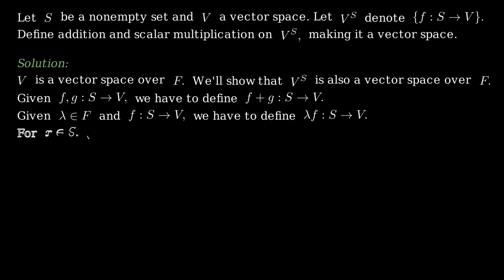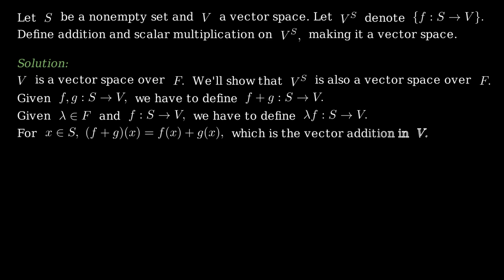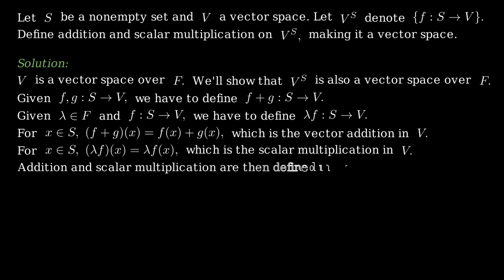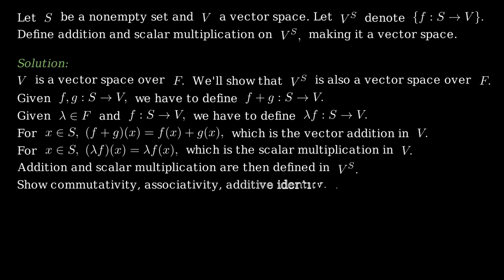The natural definitions are as follows, where the operation on the right-hand side of the definition occurs in V. These are valid definitions of addition and scalar multiplication in the set V power S. What remains to be done is to show that these operations on the set V power S in fact satisfy the requirements for a vector space.